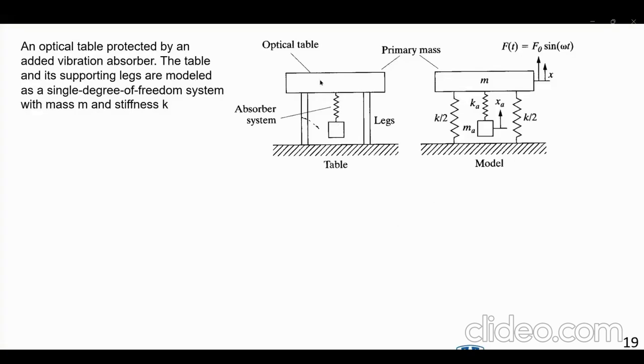And now we have, instead of a single degree of freedom model, a 2 degree of freedom model. And I will show you that if this mass and the spring stiffness, MA and KA, are chosen carefully, then actually the displacement, the amplitude of the M becomes zero, okay? But this guy starts vibrating, okay?